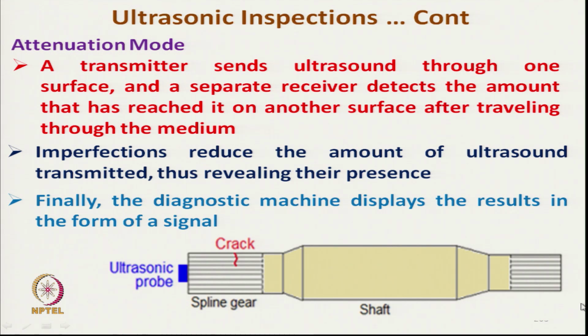Here we know the amount of energy it is transmitting, and here it is receiving. If there are cracks or any other imperfections, the ultrasound from that portion will get reflected, so the amount of energy coming here will be less. The imperfections reduce the amount of ultrasound transmitted, thus revealing their presence.